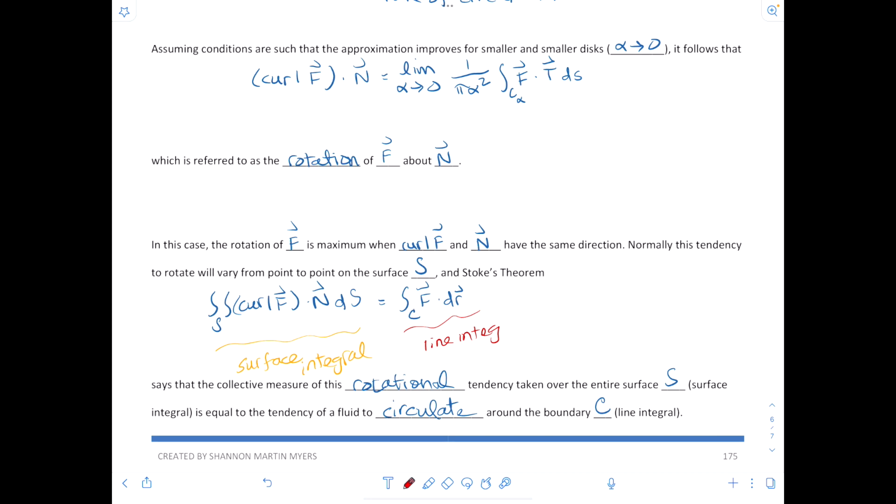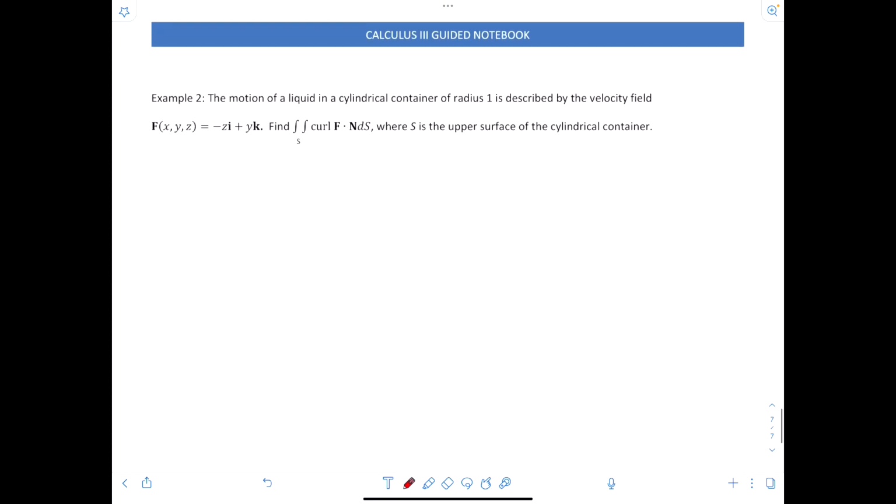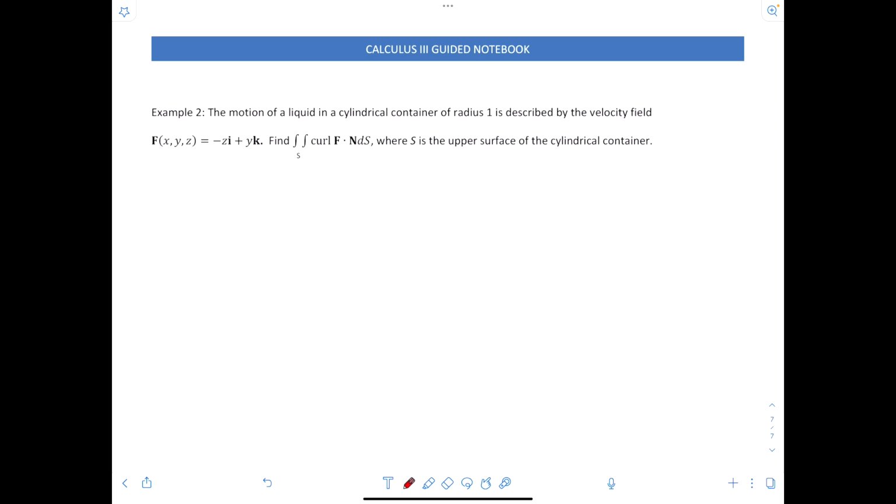Okay, so let's look at our second example. The motion of a liquid in a cylindrical container of radius 1 is described. So what does that tell us? Beautiful. That tells us that S is going to be x squared plus y squared equals 1.